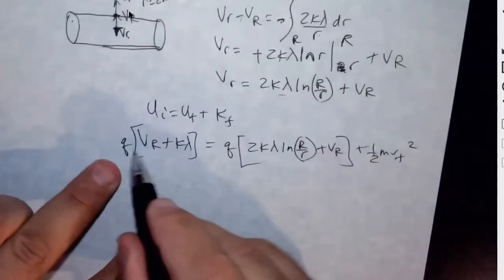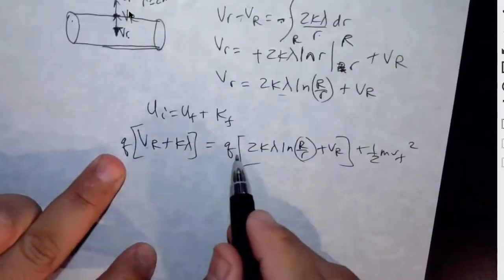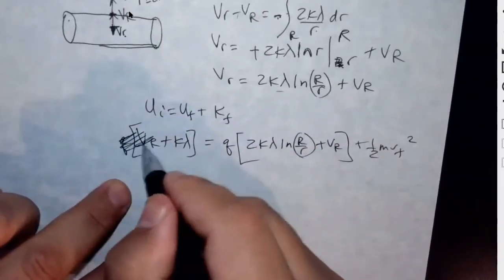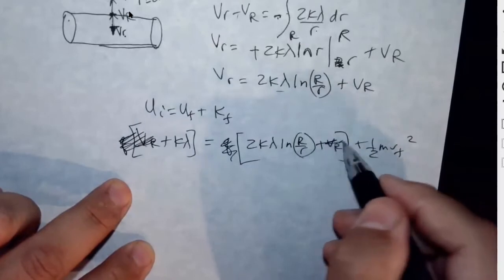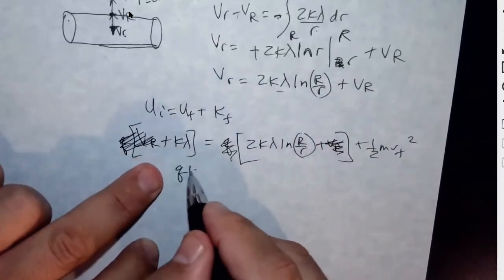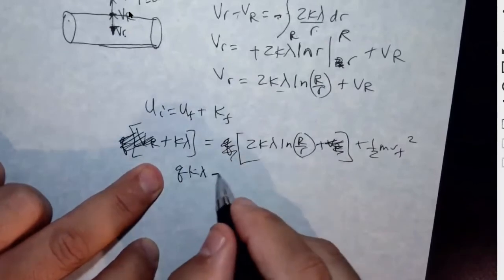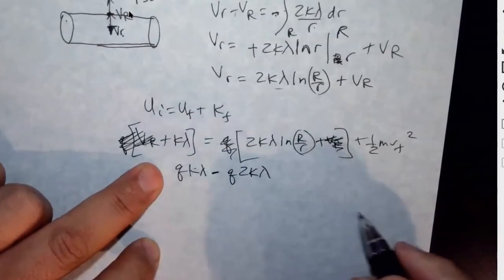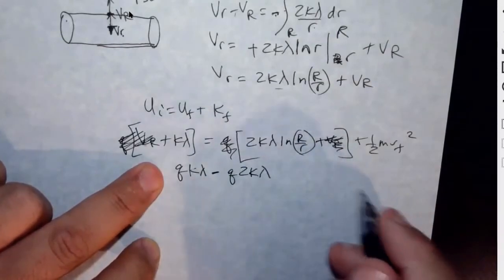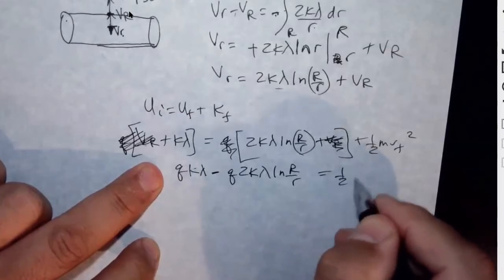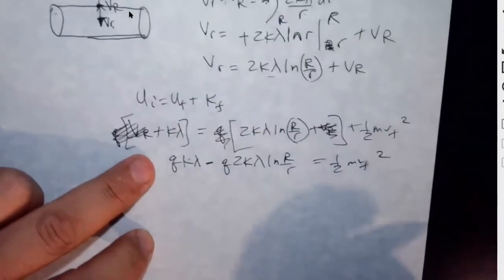You see, this is where V sub R doesn't matter. The Q V sub R cancels. So then you're left with Q K lambda minus Q 2K lambda ln of R over R is half M V final squared.